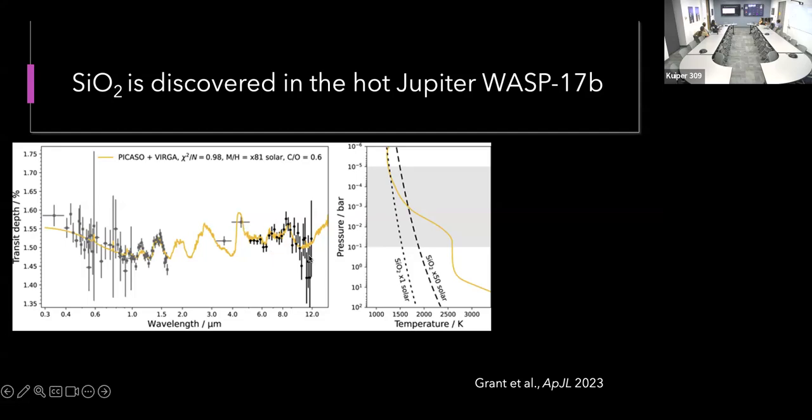And then over here, we have our JWST MIRI LRS mode. And this is a best fit model from the PICASO and Virga framework, which I'll talk a little bit more about in a few minutes. They're just showing the best fit model here, what they could infer.